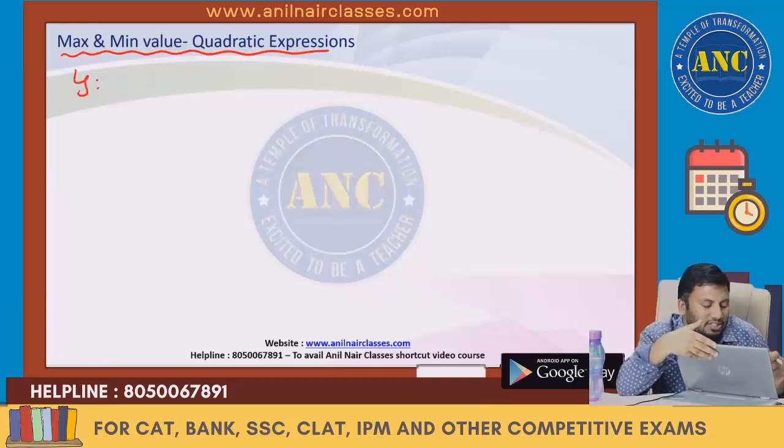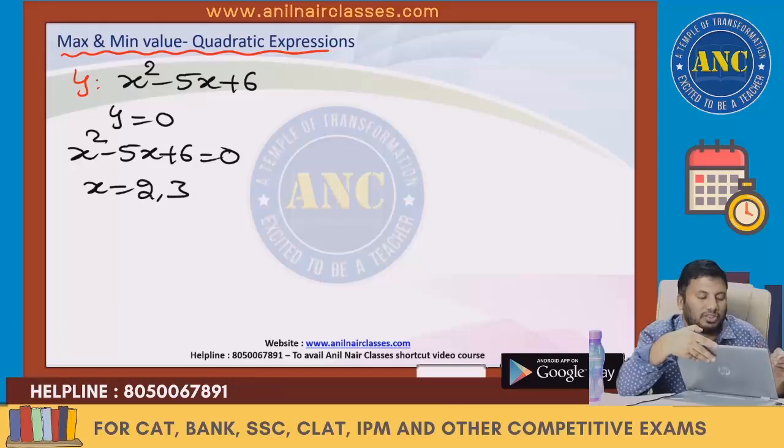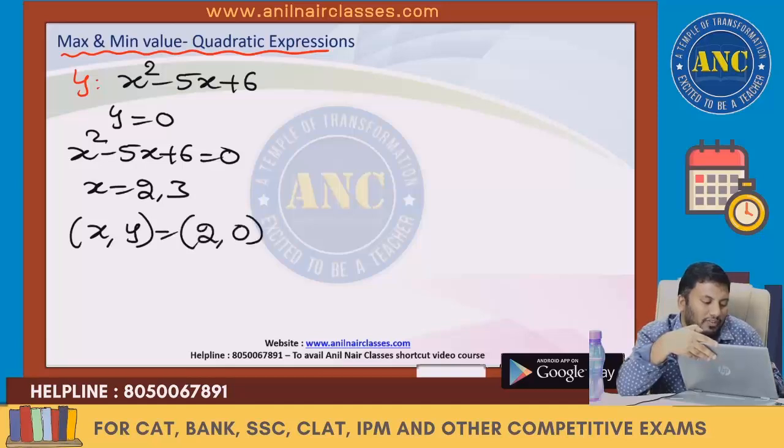If y is x square minus 5x plus 6, and y is equated with 0, then x square minus 5x plus 6 is 0. That means x is 2 comma 3. In coordinate points, at x equal to 2, y will be 0.